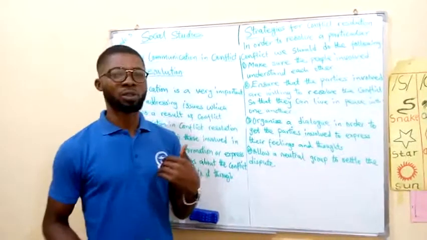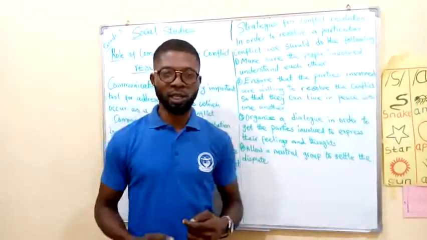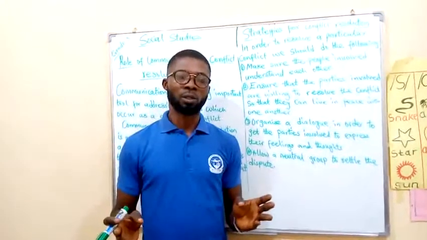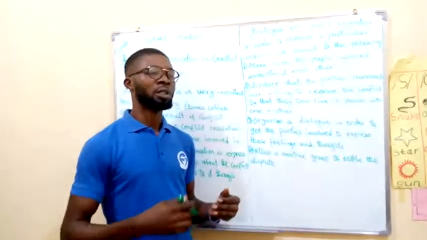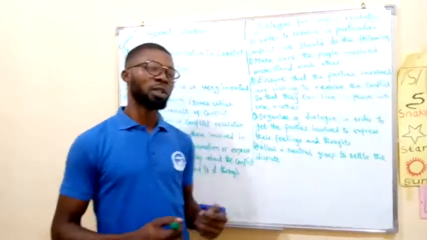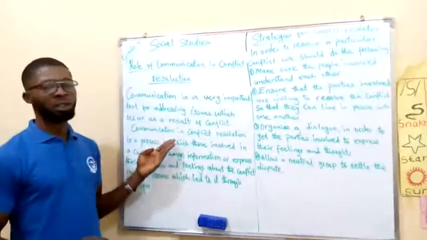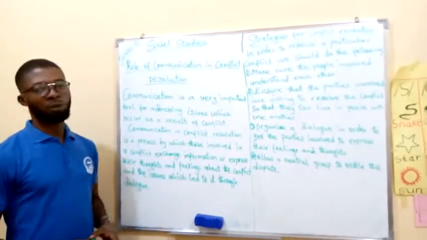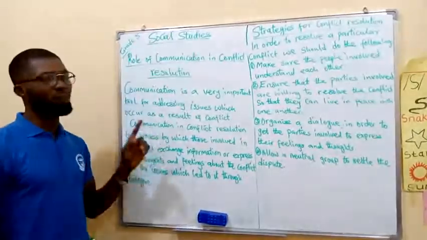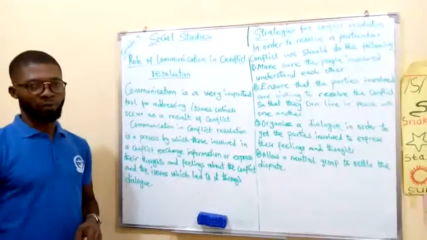And by trying to find a solution, we give room for people to express their thoughts and feelings about the problem that led to the conflict. So when we give room for people to dialogue, certainly we have been able to apply communication in solving the problem of conflict. This is why we can say that communication is very important for addressing the issue of conflict.